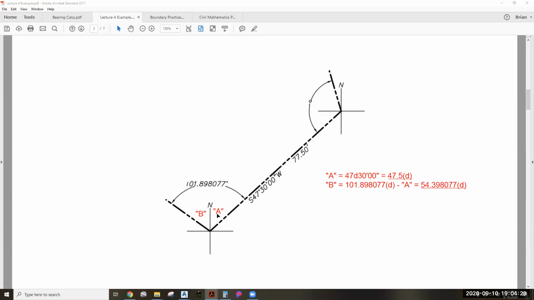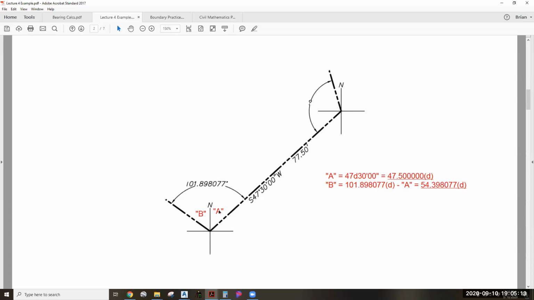If I need to figure out what A is, it's the angle between N, the north line, falling towards the property line, which is that bearing. So I have to convert 47 degrees, 30 minutes, 30 seconds into a decimal degree. Here I didn't do my precision, but it really doesn't matter because it's exact. 47 degrees, 30 minutes is the same as 47.5 degrees.